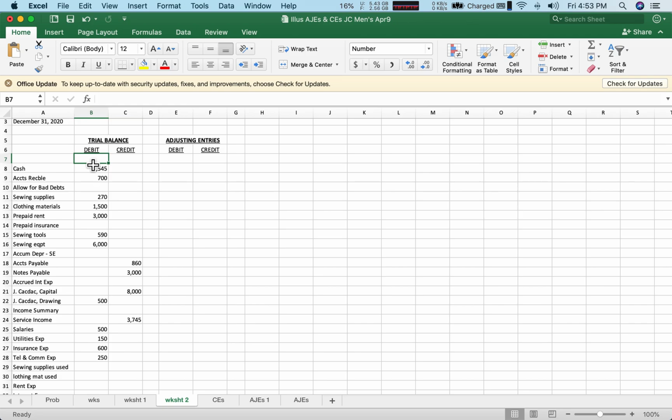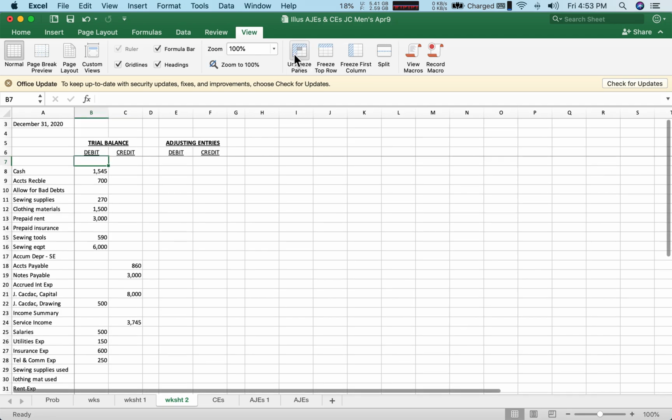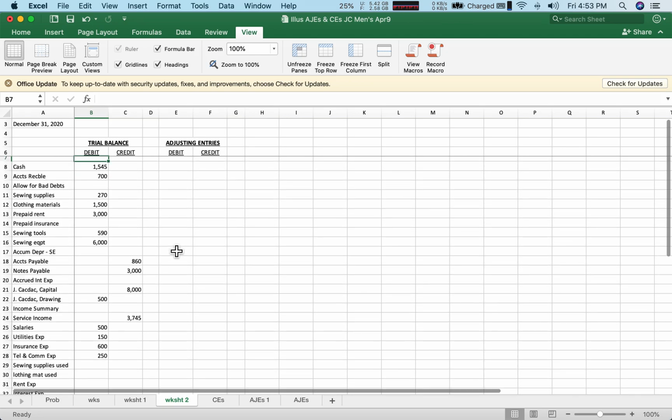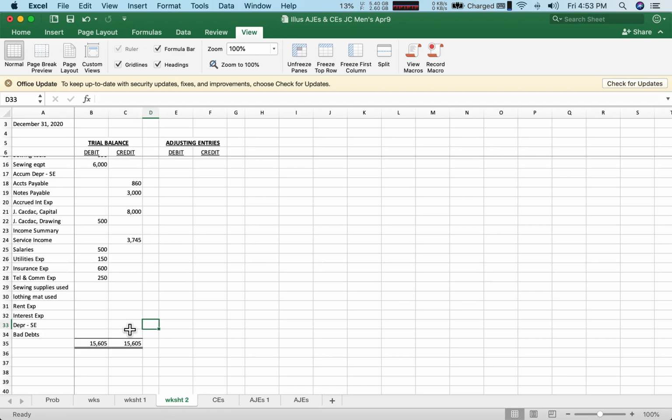We mark this cell and then we go to view and then we choose freeze frames. See that? The freeze frames, so whenever we move it, we can still see the headings. Okay, so we're looking for depreciation here. Depreciation expense is 100.